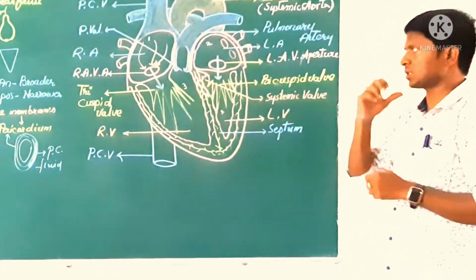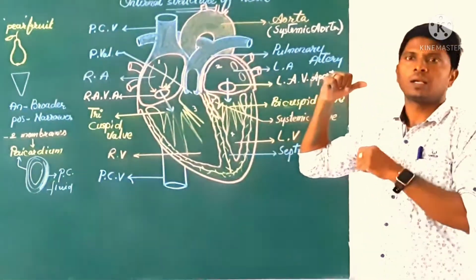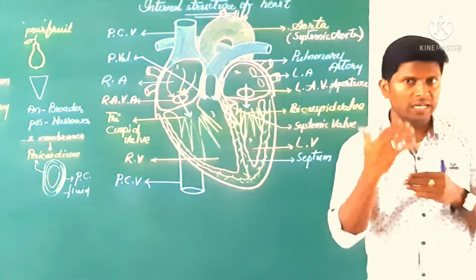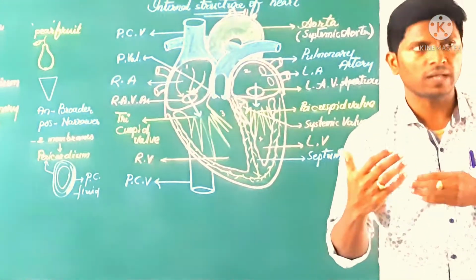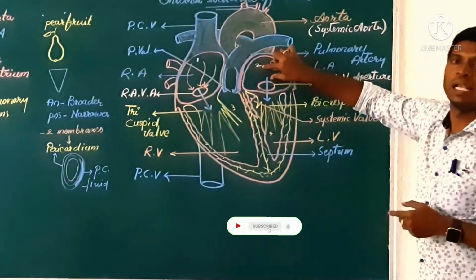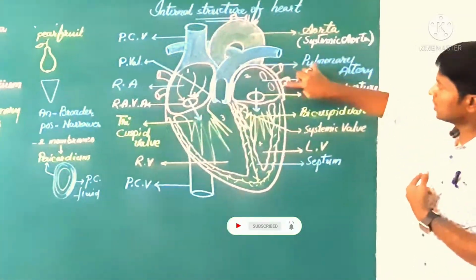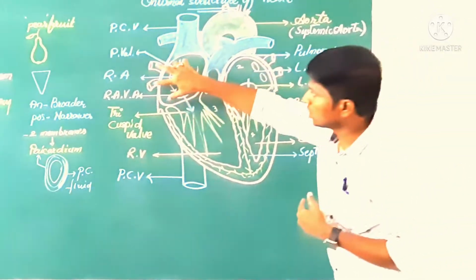Okay. Next, let us know about the pulmonary veins. Pulmonary veins start from the lungs. Listen carefully. Pulmonary veins start from the lungs and they open into the left atrium. These two are pulmonary veins, these two and also these two.